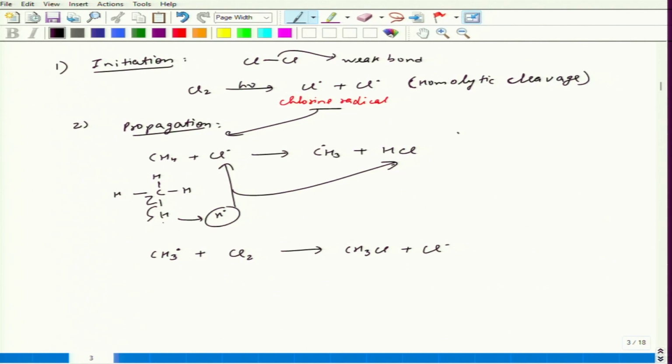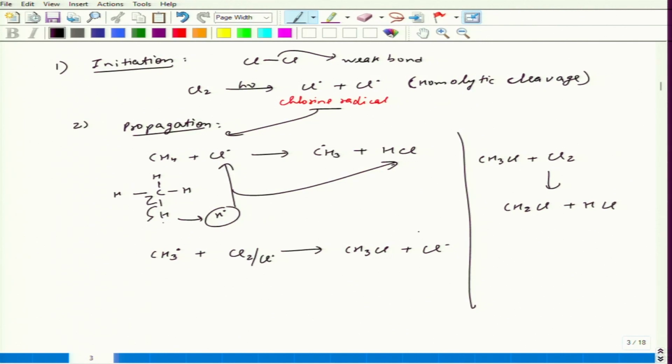Now, what can be the possibility that this CH3Cl can again react with a Cl2 molecule, or a Cl radical also, to form CH2Cl2. So, CH3Cl can react with Cl2 to form CH2Cl2 plus HCl.